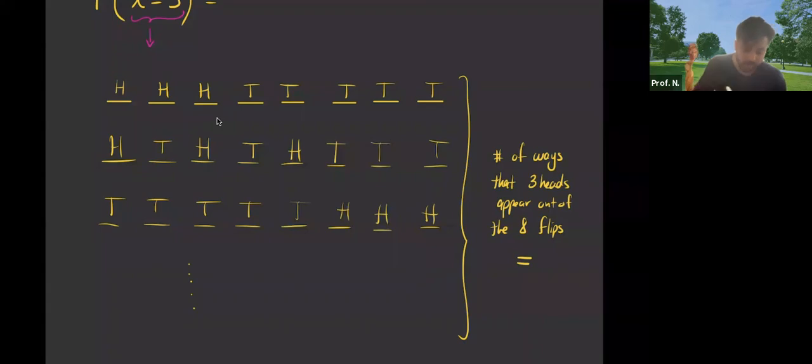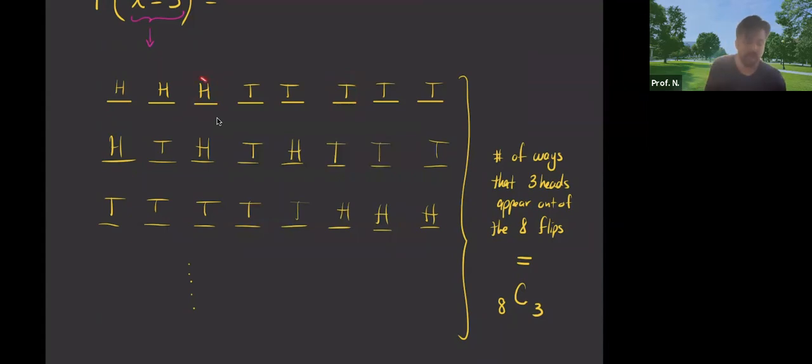If I want to figure out the number of ways that 3 heads appear out of 8 flips, it's the same thing as saying, out of the 8 slots that I have, choose 3 of them to be heads. I just want 3 of them. So how many ways is that? 8 choose 3. There's 8 choose 3 ways of selecting 3 of those positions, slots, to be heads.